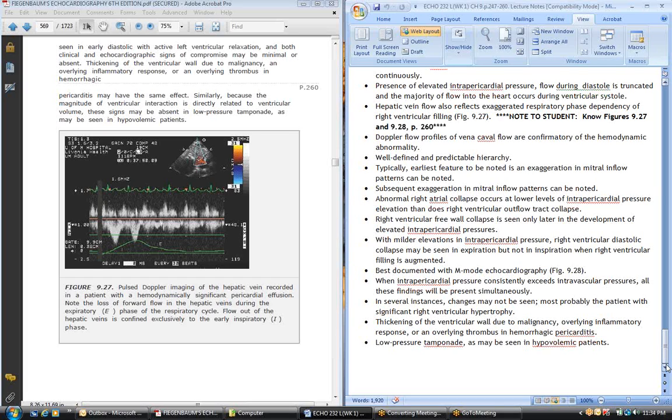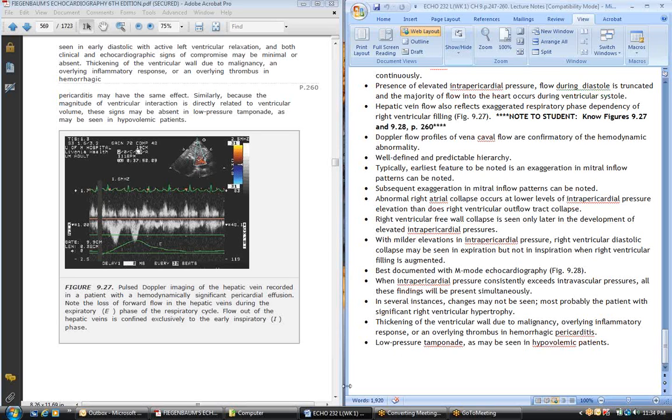Right ventricular free wall collapse is seen only later in the development of elevated pressures. With milder elevations, right ventricular diastolic collapse may be seen in expiration but not in inspiration when right ventricular filling is augmented. Best documented with M-mode echo.